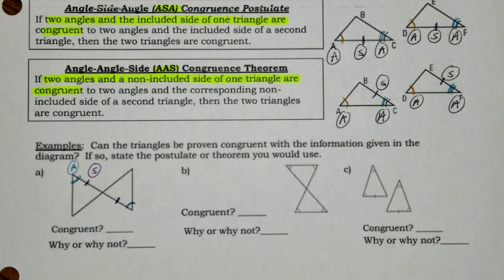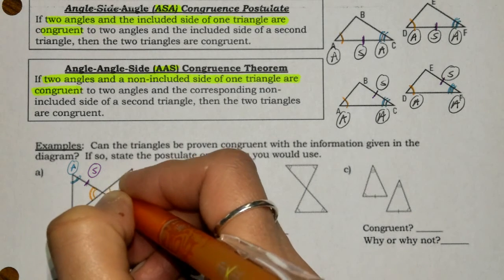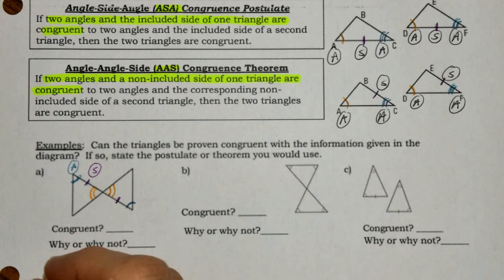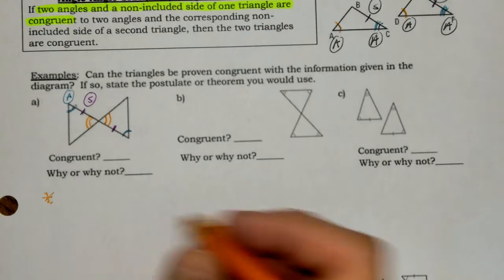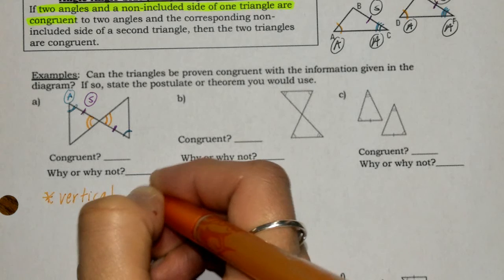And then this is where, in the last set of notes with our side, angle, side, SAS, we have to be able to recognize vertical angles on your own. You will not be told these are congruent. You're going to have to recognize these. So here we'll put down vertical angles. So we see we've got to keep an eye out for that.